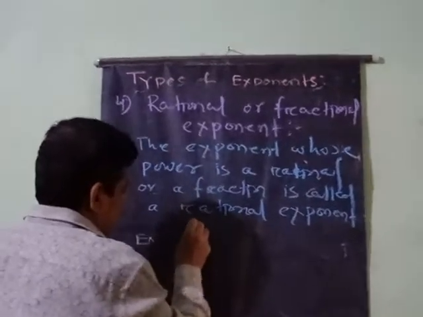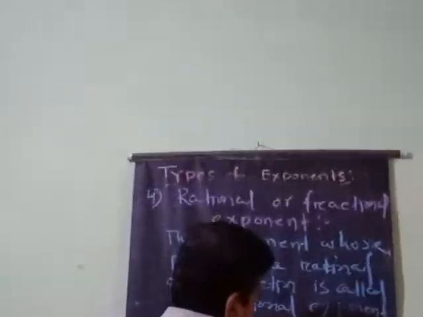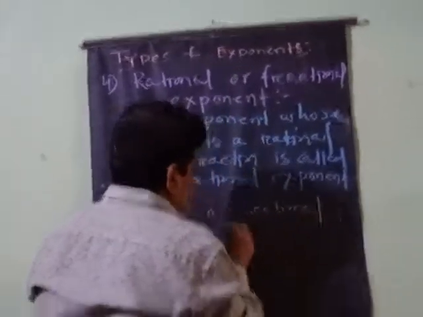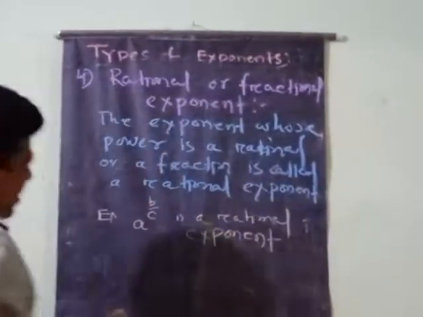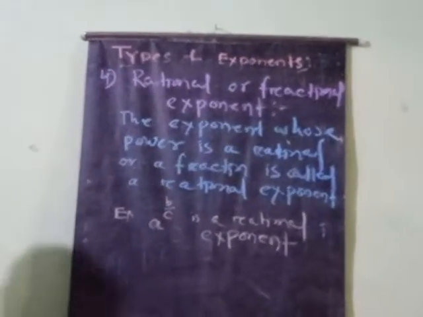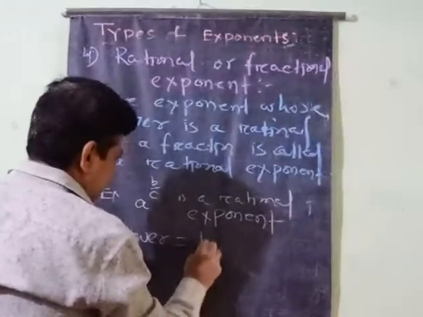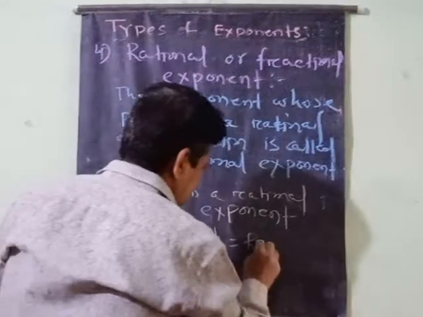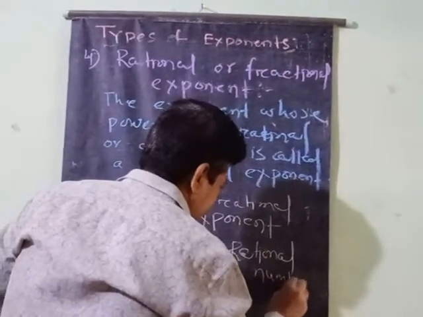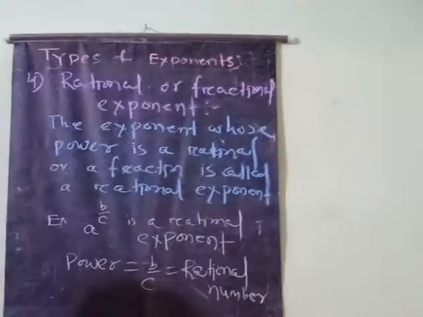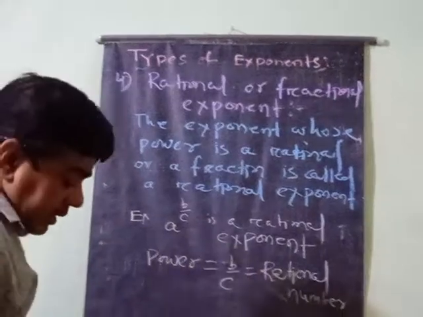a to the power b by c is a rational exponent. Yes or no? Is it a rational exponent? Because what is the power? The power is equal to b upon c, which is a rational number. So the exponent is a rational exponent. Understand? Okay.